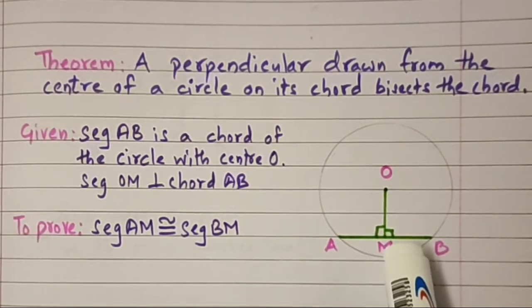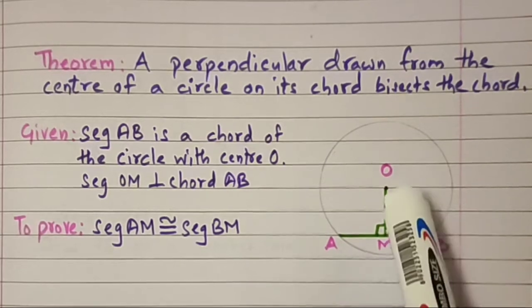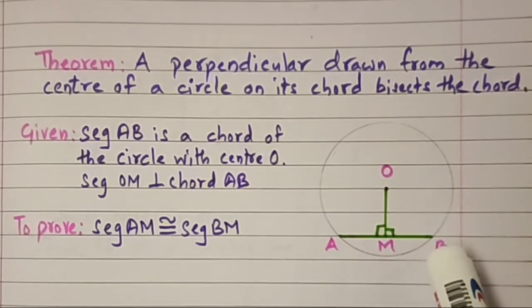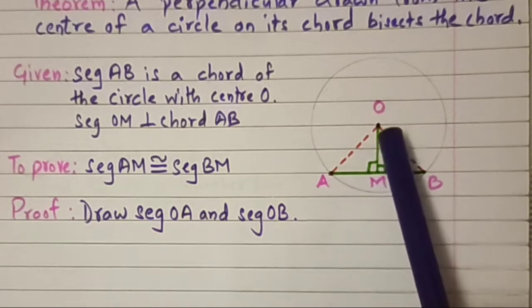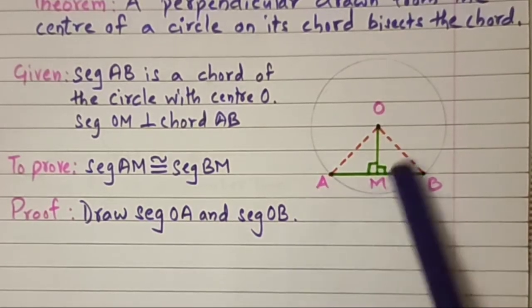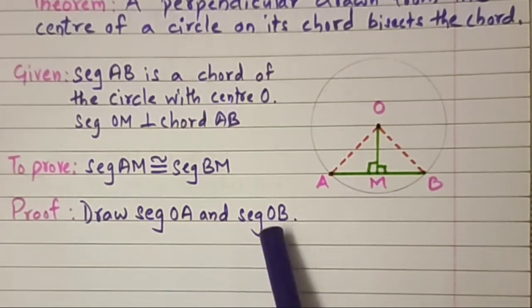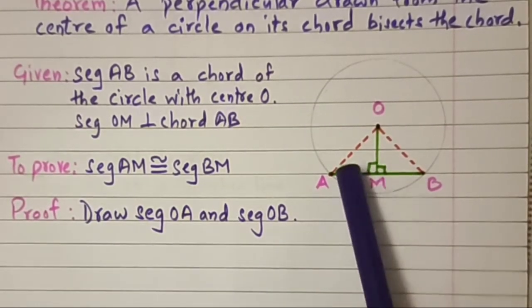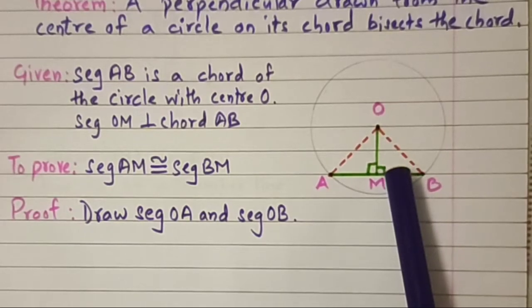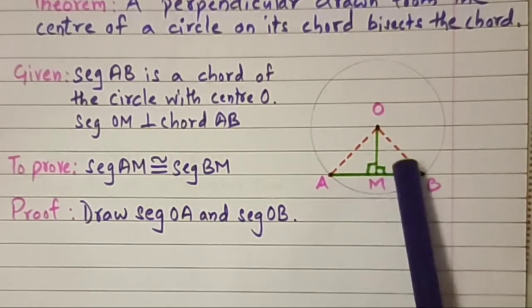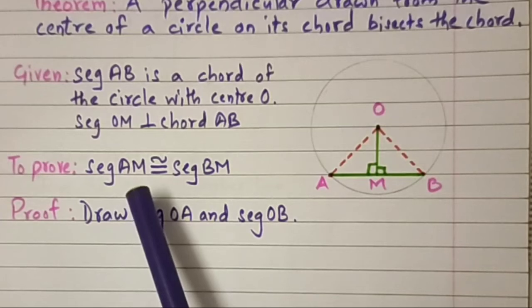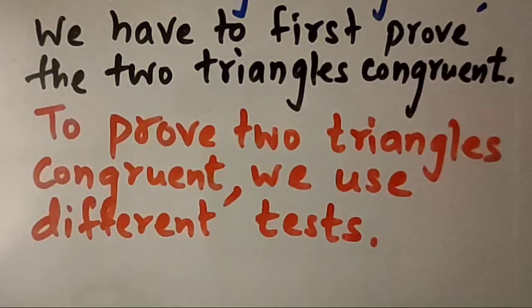So what we are going to do here, we are going to join OA and OB and we will get the two triangles. Here we have joined segment OA and segment OB and we have started writing the proof. Draw segment OA and segment OB so that we get two triangles. Don't forget that we have to prove these two triangles congruent, then we will get the two segments congruent.